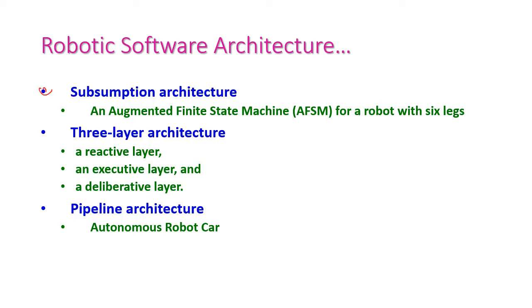The first one is subsumption architecture, the second one is 3-layered architecture, and the third one is pipelined architecture. For subsumption architecture, we will see the augmented finite state machine for robot with 6 legs. For 3-layer architecture, the 3 layers are the reactive layer, executive layer and deliberative layer. For pipeline architecture, we will see the architecture for autonomous robot car.